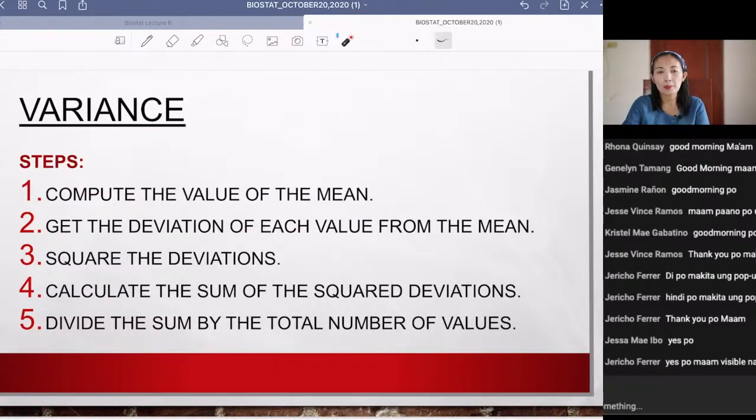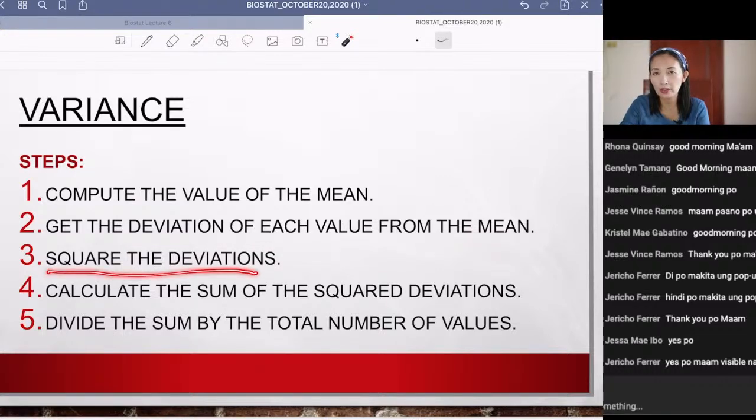So steps in computing the variance. First, you have to identify the mean and then get the deviation of each value from the mean. Deviation means difference, the distance of that value from the mean. Next, we square the deviations.